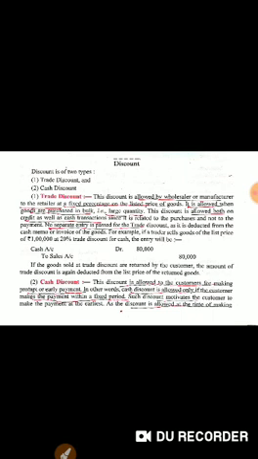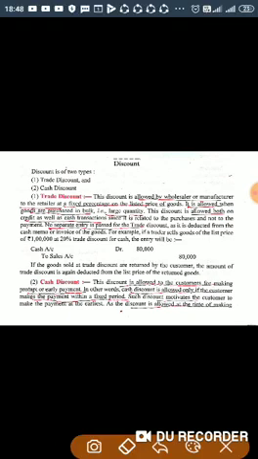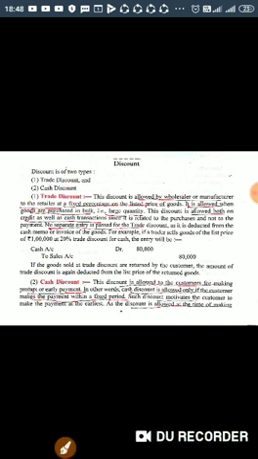So discount, we know, is an allowance or rebate allowed by the seller to his customer. There are two types of discount: trade discount and cash discount. So what is trade discount?